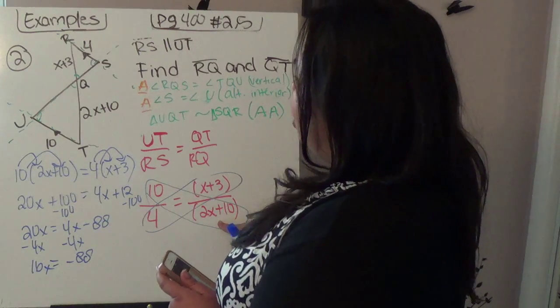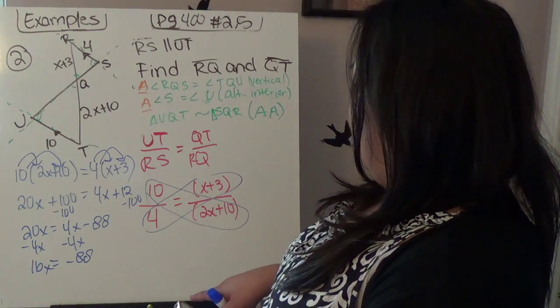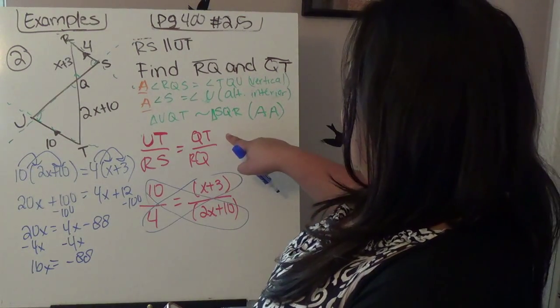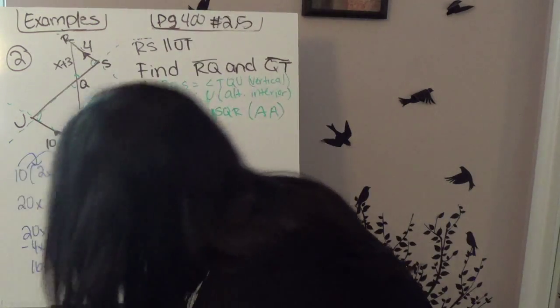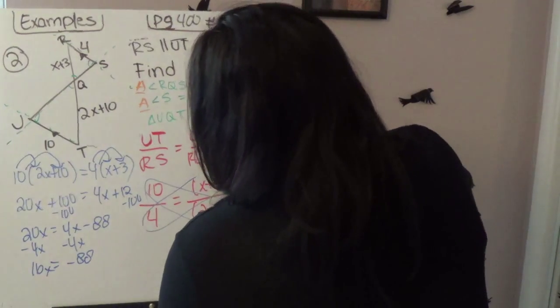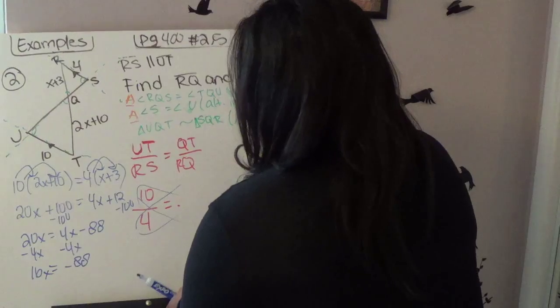We have 2x plus 10. Oh no, it's supposed to be QT. Oh, these are supposed to be switched. I apologize. Because QT is supposed to be on top.